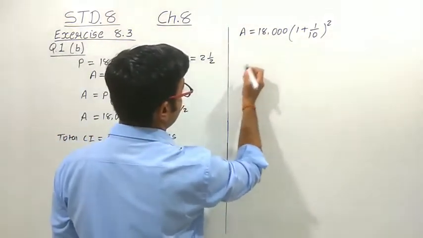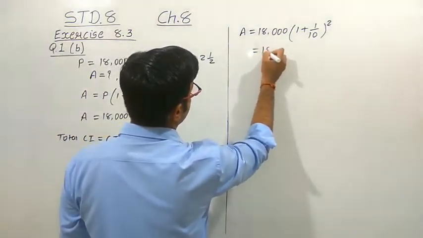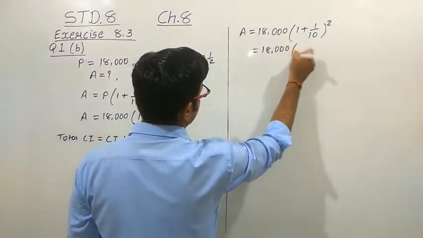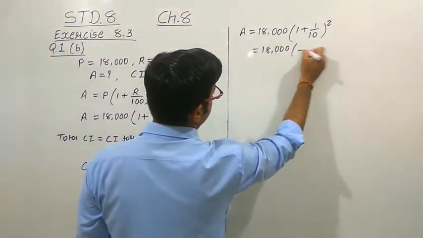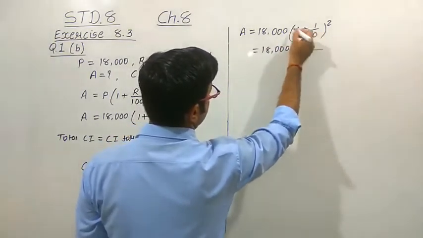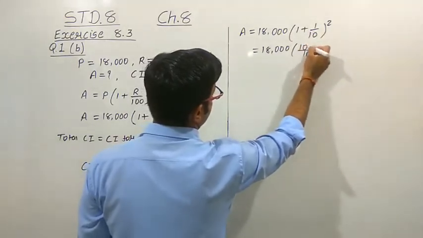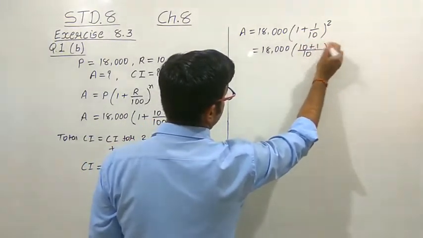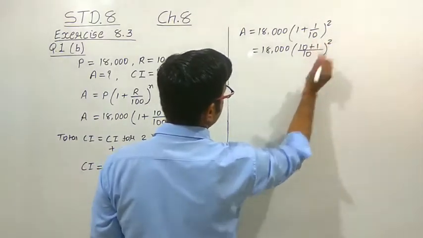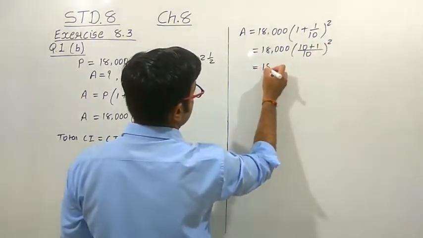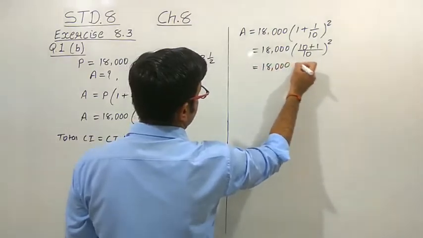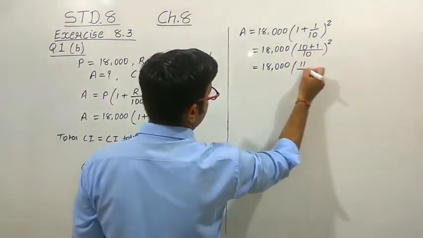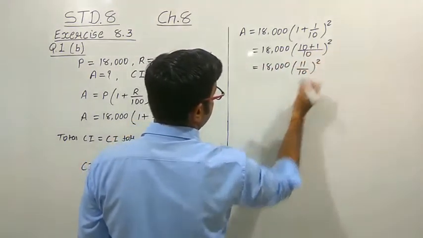What is the amount we are getting? Here we get the 18,000. 10 will be the LCM. So 10 plus 10 into 1, that is the 10, plus 1, plus 1 whole square. Okay, so 18,000. Here we are getting 11 upon 10 raised to power 2.